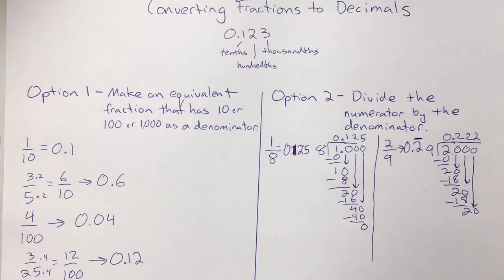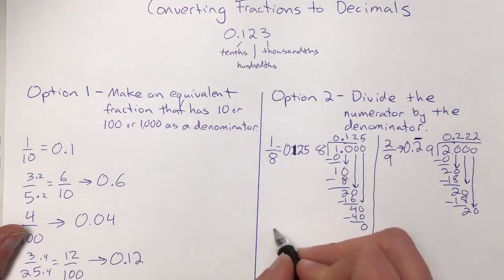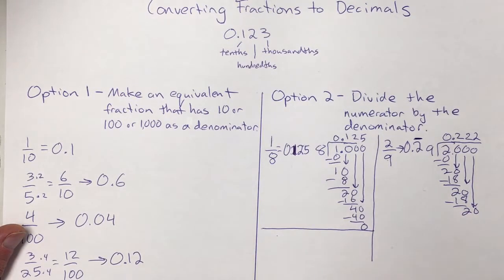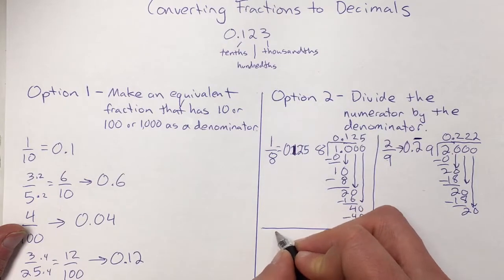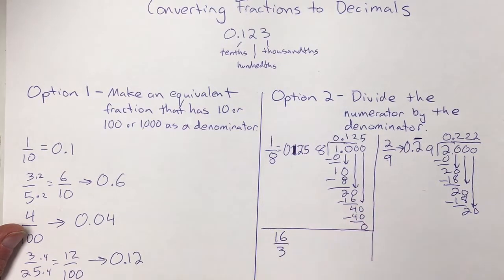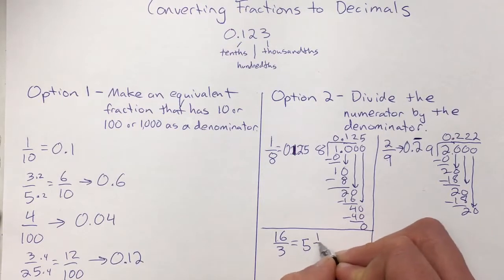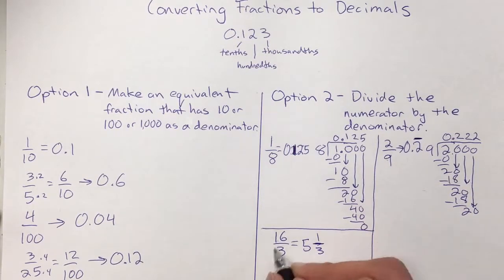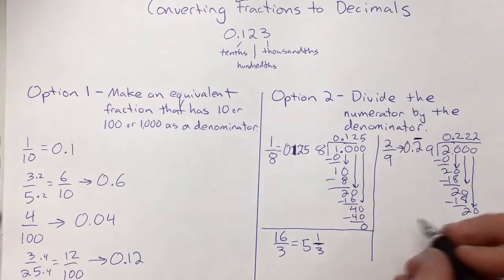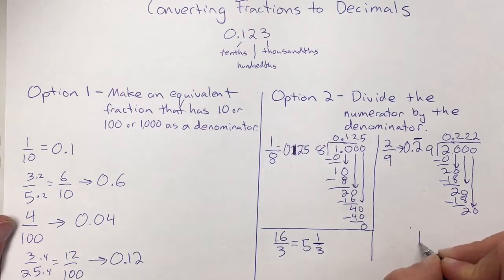Now, let's say you had an improper fraction. I'm running a little bit out of space here, but if I had an improper fraction, such as 16/3, then I would look at that improper fraction. I would turn it into a mixed number, 16 divided by 3, so it goes in 5 times, and 1/3 left. So this is just turning an improper fraction to a mixed number. And then I would do 1 divided by 3. I'm going to do that over here where I have some space.